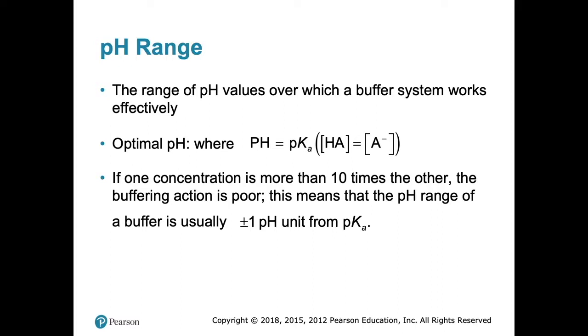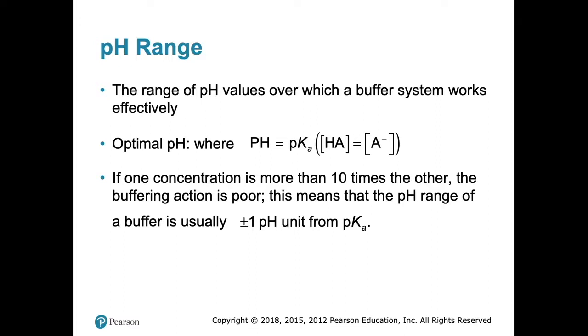But the range of pH values over which a buffer system works is effectively the optimal pH where the concentration of HA equals the concentration of A minus, right? So if one concentration is 10 times more than the other, the buffering range is exceeded. This means that the pH range of a buffer is usually what? pKa plus or minus 1 pH units.